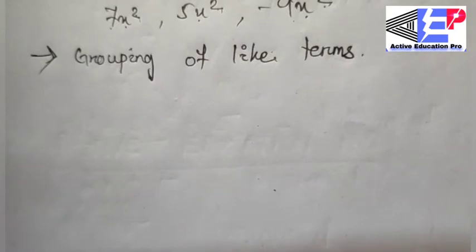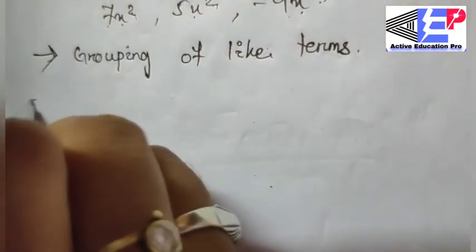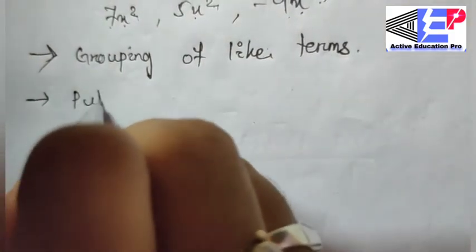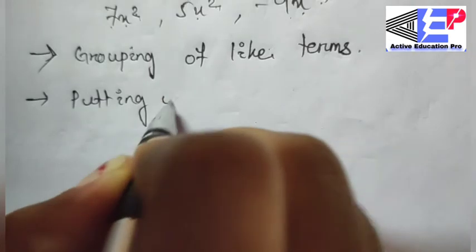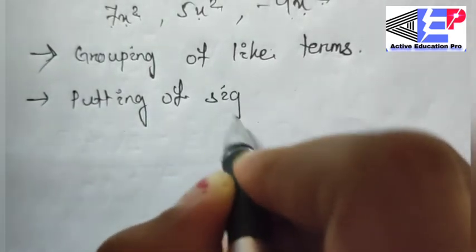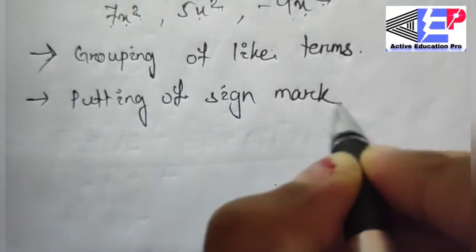And the vitally important rule is to put the sign mark. How to put the sign mark at the time of addition and subtraction. So the next rule is putting of sign mark.